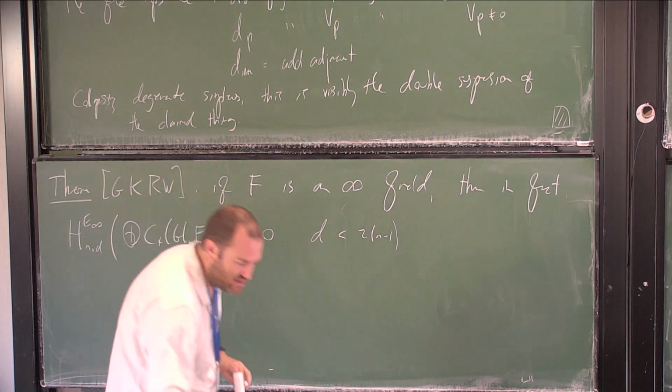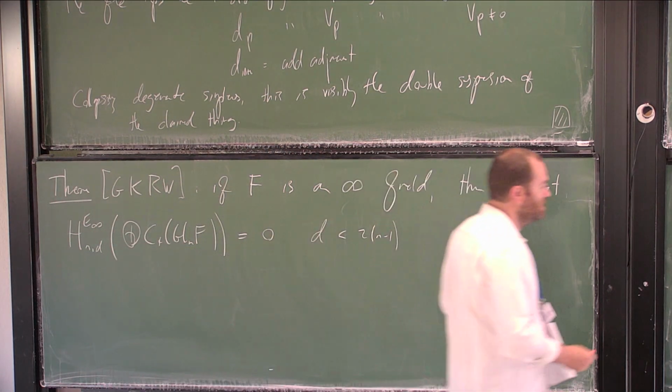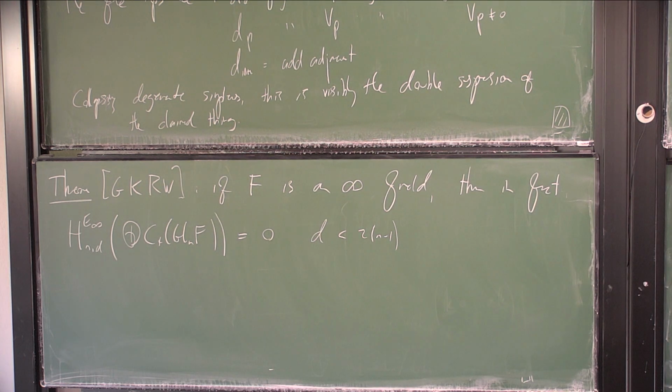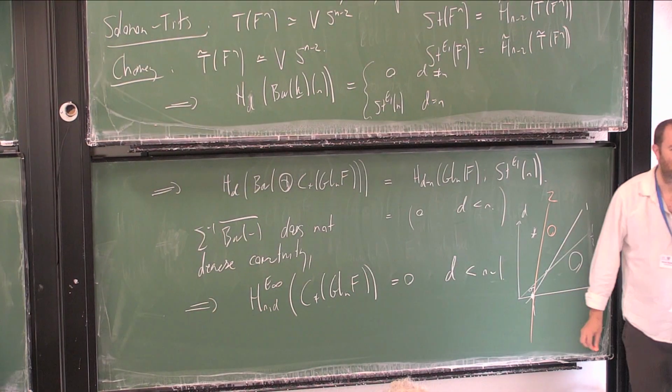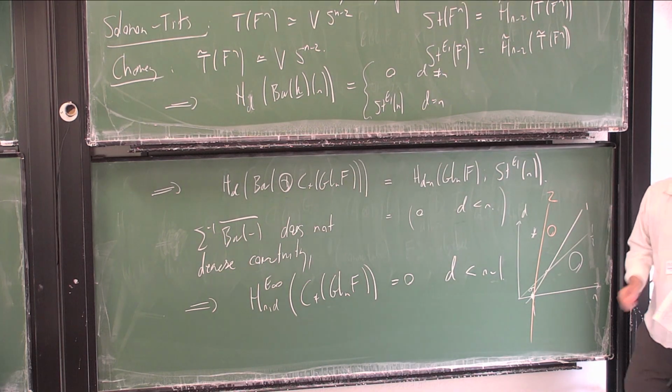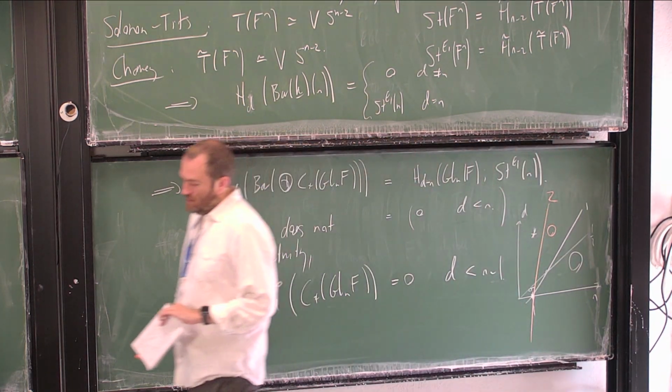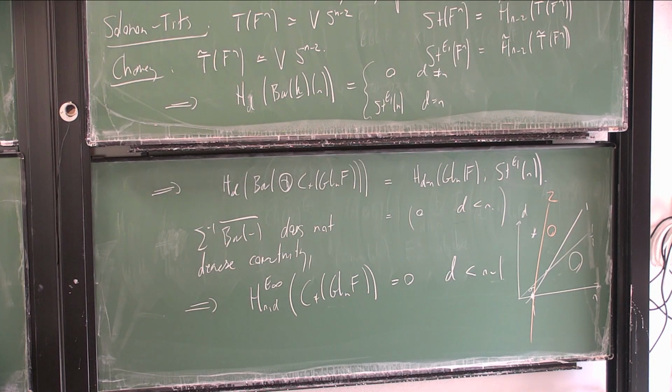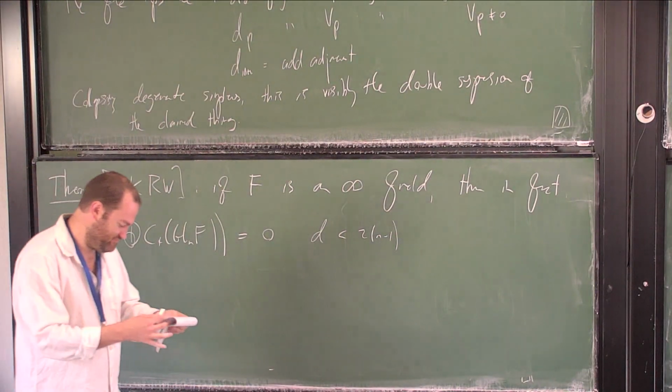In other words, if I could recycle that picture, there's a much steeper line of slope 2 below which you don't need any cells, if it's an infinite field. More generally, if it's a semi-local ring, all of whose residue fields are infinite.